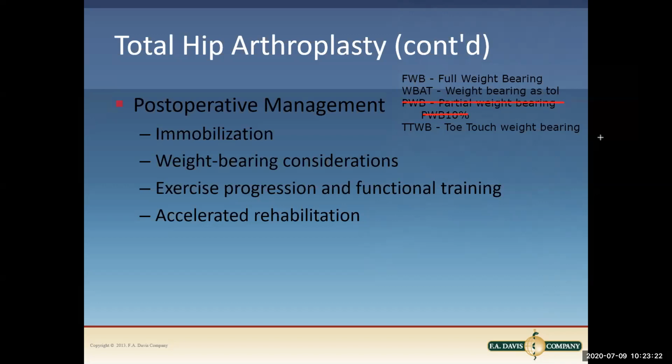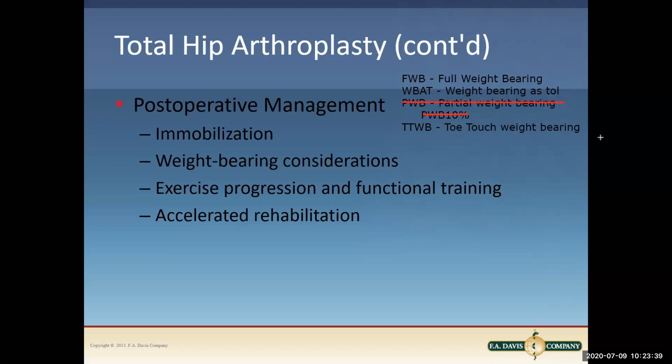Partial weight bearing is almost impossible. I hate when I see somebody coming out with partial weight bearing. I would rather the doctor order toe touch weight bearing. I can explain that to a patient. I can't explain a 27.5% partial weight bearing status to a patient. Doesn't work that way. I can explain toe touch.